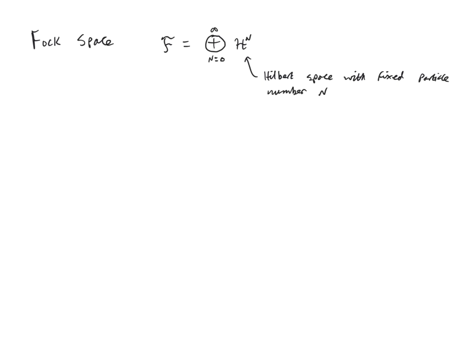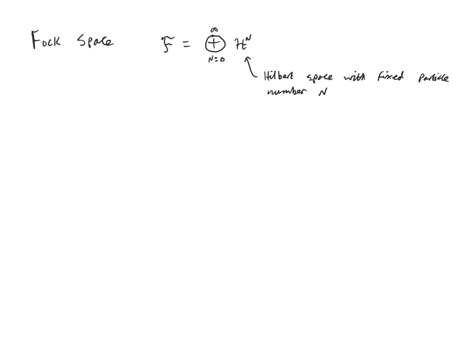And then we take all such Hilbert spaces, including the one with 0 particles, and that constitutes the full Fock space. It is a space large enough to accommodate a state with an undetermined number of particles.